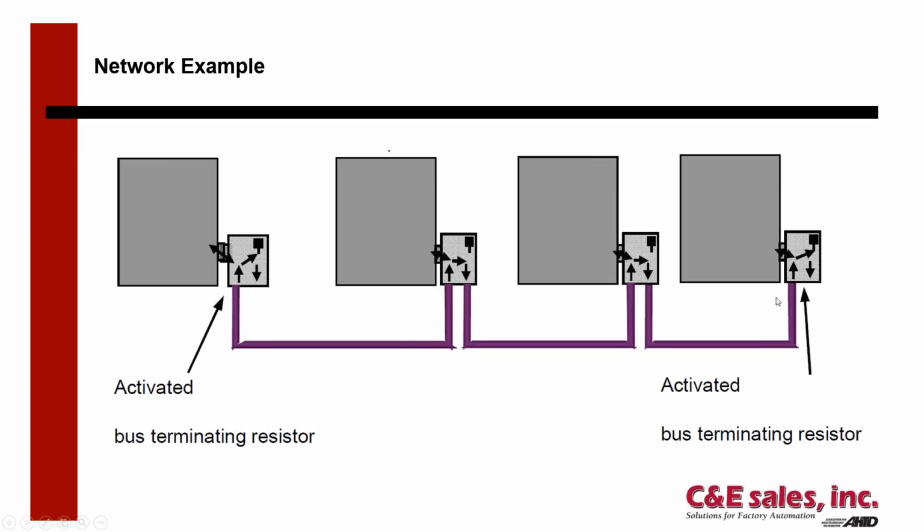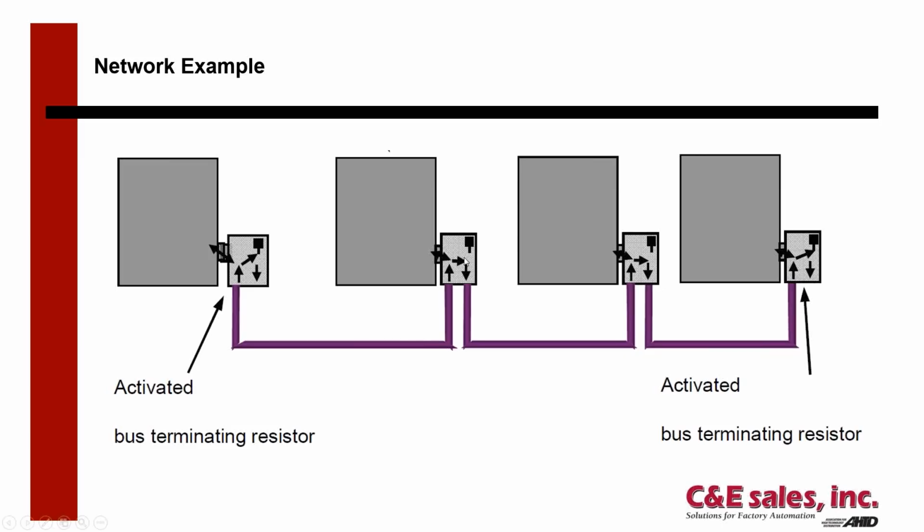When you do that, it helps with your troubleshooting, because let's say this is a brand new installation and for some reason we've got no communications to any of the devices. Since it's wired up in this manner, I can come to this first Profibus slave and activate that terminating resistor.